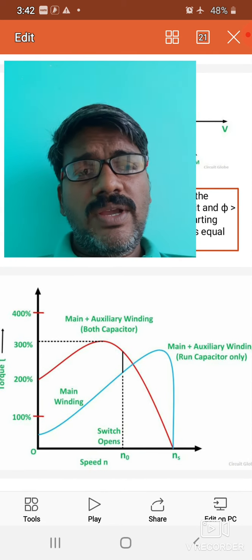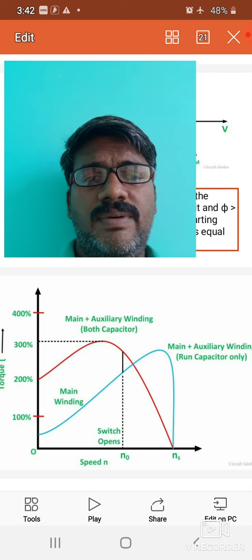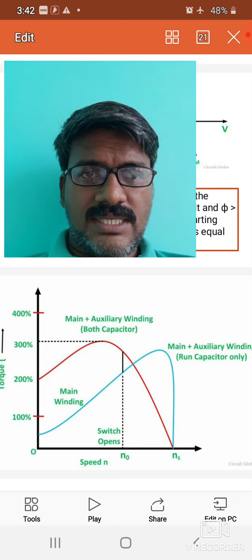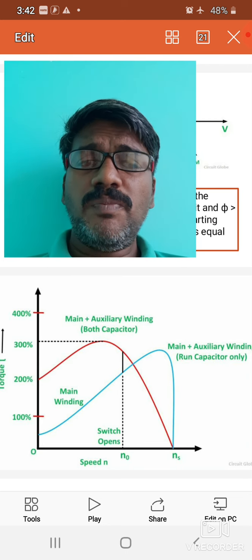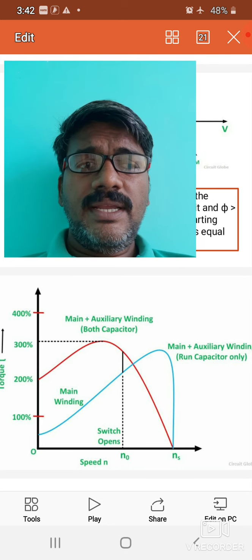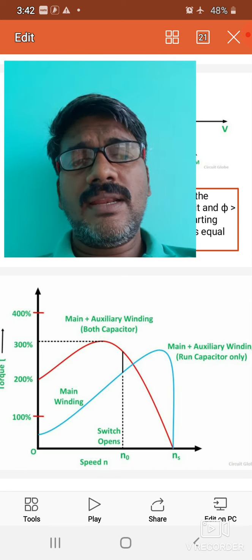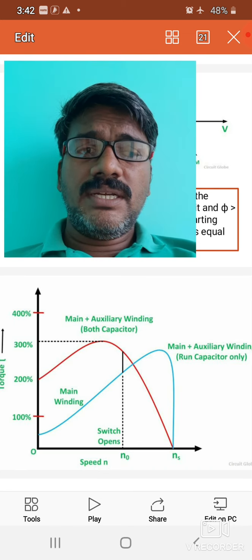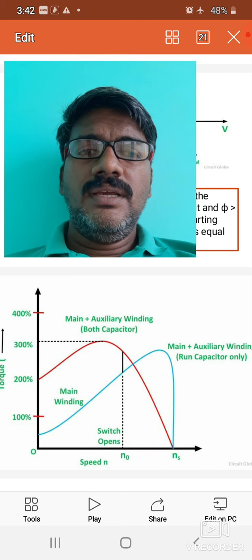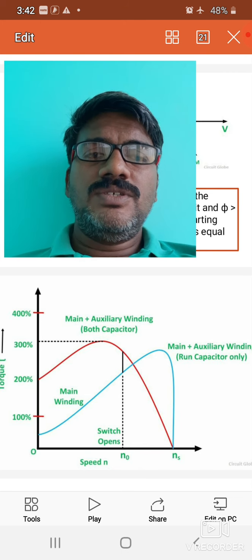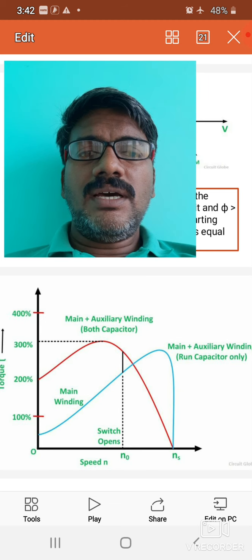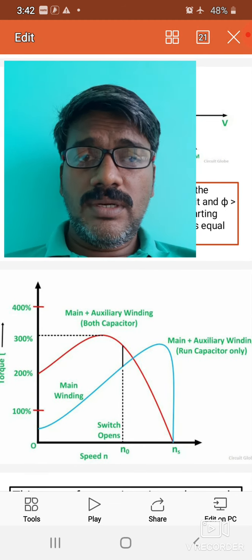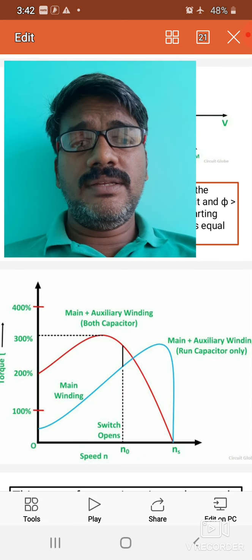What happens in a single value capacitor? The starting torque is very less, only 50% to 100%, in a single value or run capacitor, where one capacitor is connected continuously. In the red graph, the starting torque is very high, 200 to 300%, and nearly 200% of the starting current we will obtain.